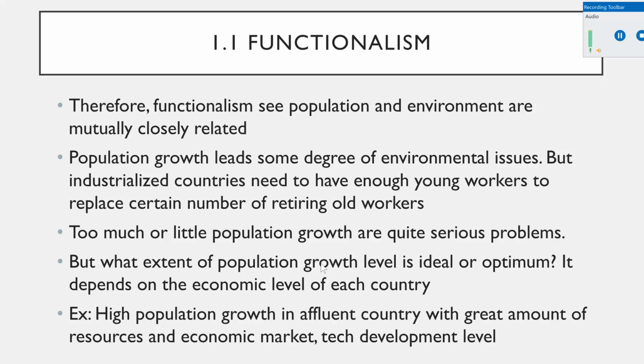But if the fertility level is 6 or 7, we would have a high population level. If a country or society is very poor and lacks resources, having 6 or 7 or even 2 might not be too high. So depending on the development level, the optimal or ideal level of population growth will be determined.